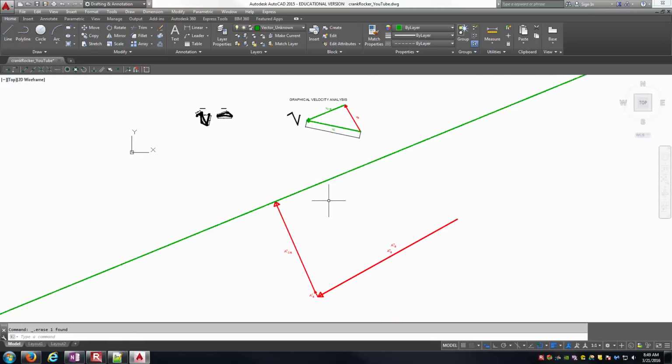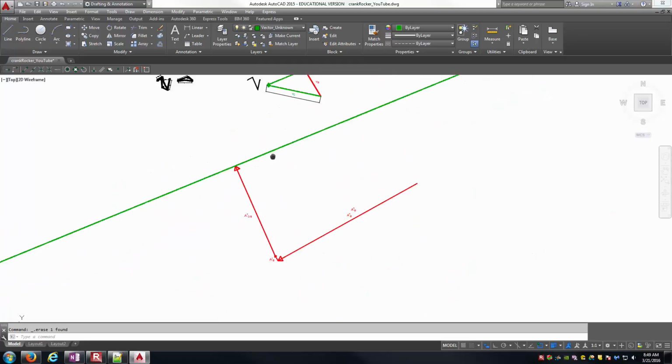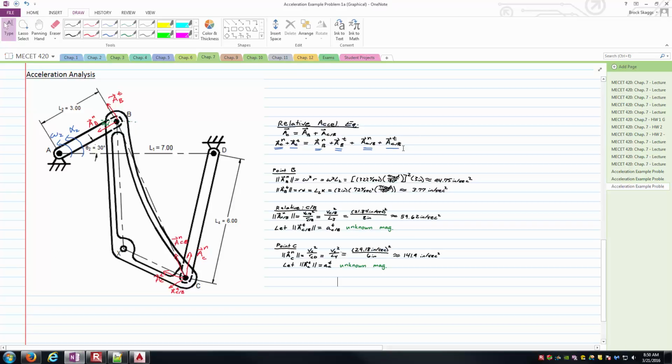And I'll delete this off. And so what I've done is in AutoCAD I've created a construction line, so it goes off in infinite length there, but it's on the right direction here. And so I'll be looking to see where the other half of my vector equation crosses this green line there. And so then I can, after the cross point, start trimming and determine the magnitude of the tangential of C relative to B.